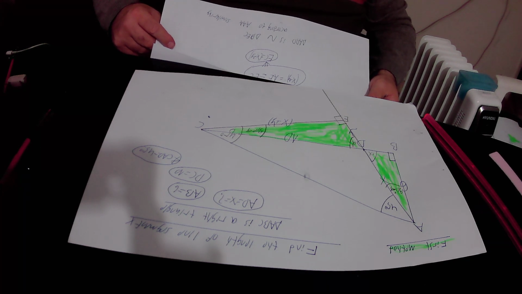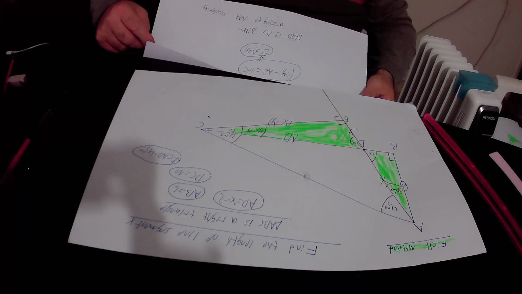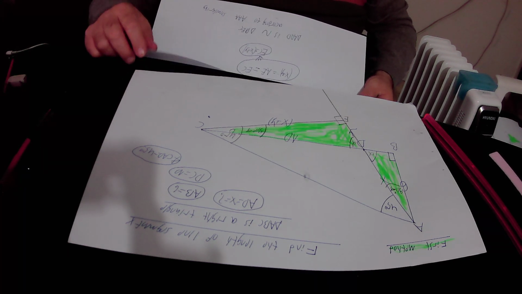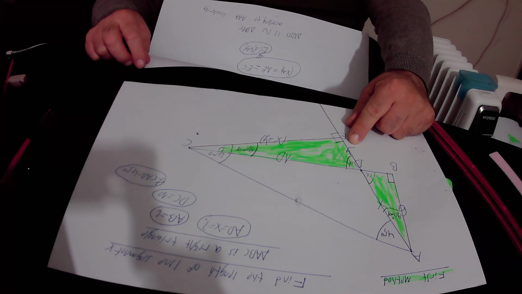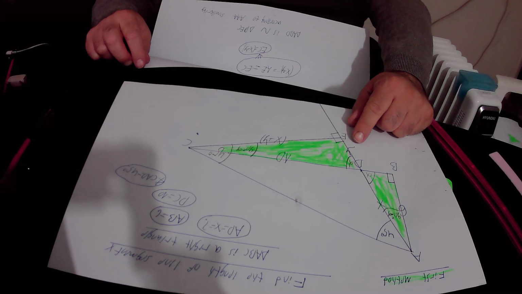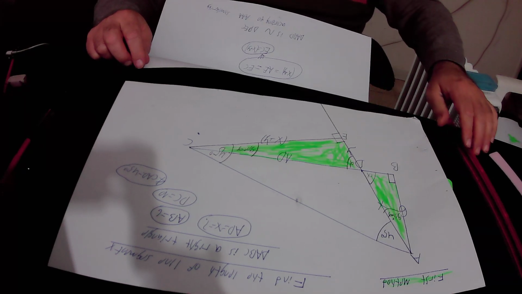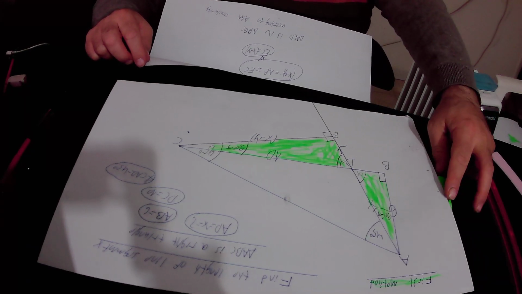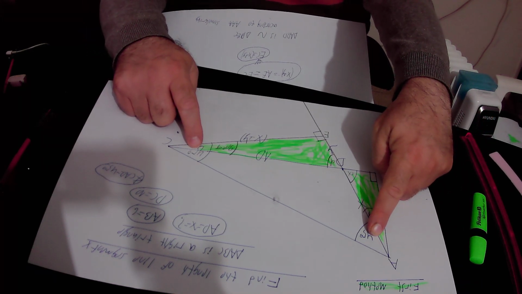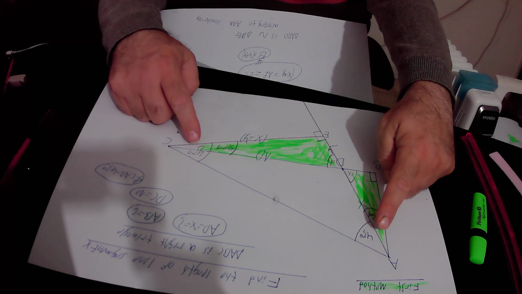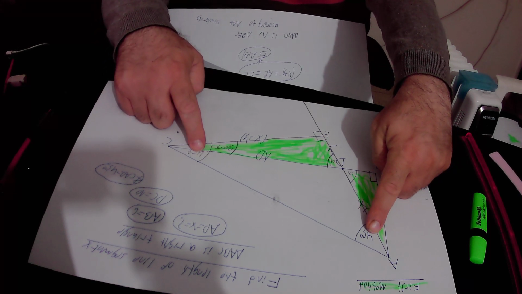And we defined side DE as Y. According to the rule that in a triangle, opposite equal angles there are equal sides, we have here two equal angles in this triangle AEC, therefore opposite those two equal angles there are equal sides.